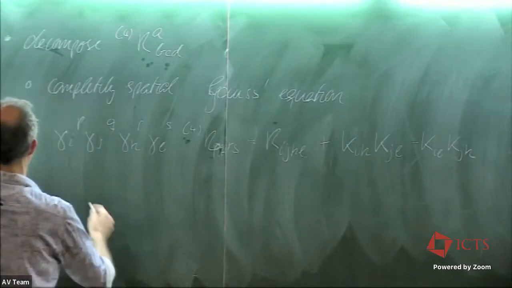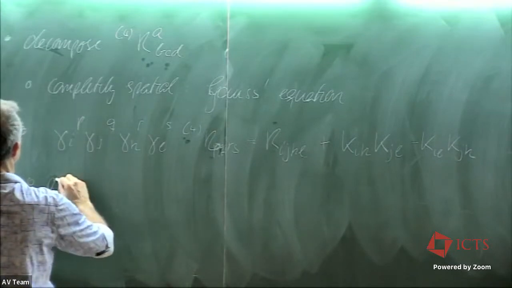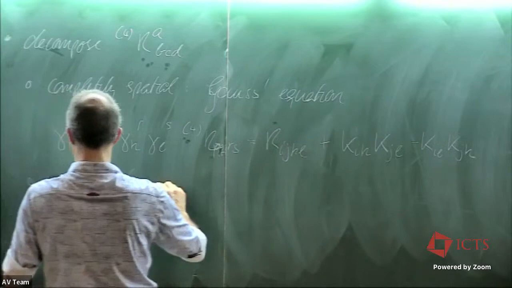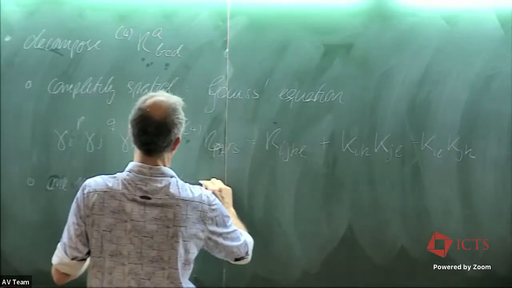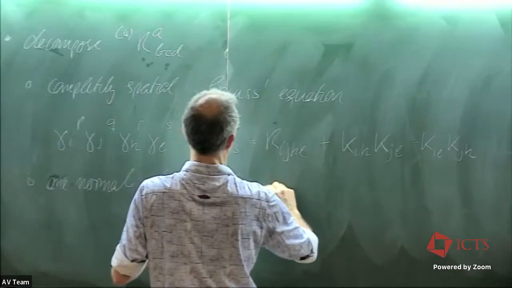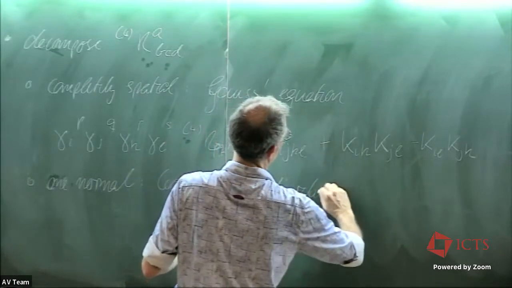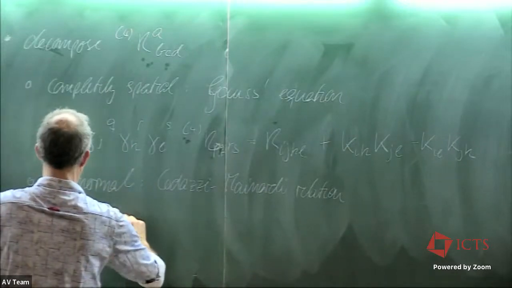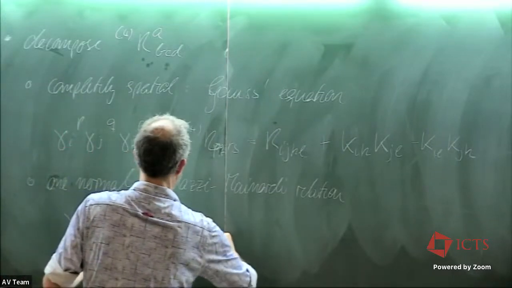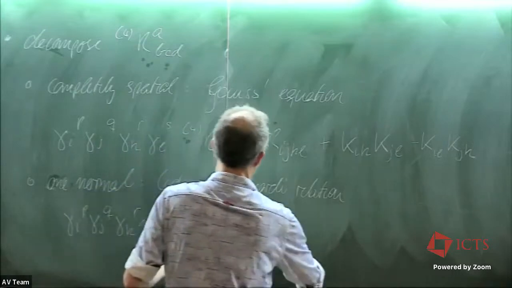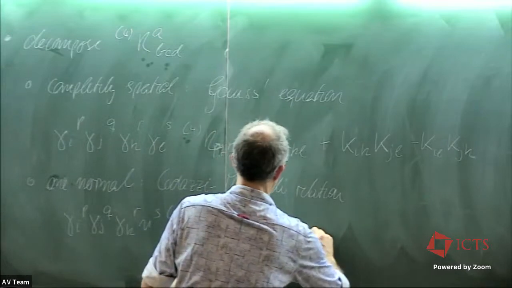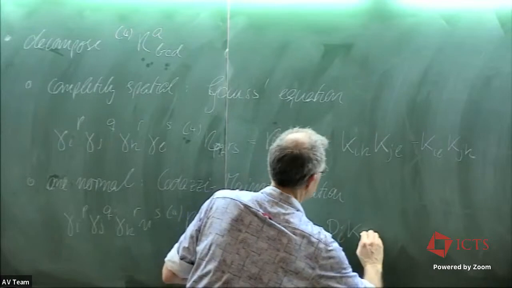Then the next possibility is one normal projection. That gives me the so-called Codazzi-Mainardi relation: gamma IP, gamma JQ, gamma KR, and n S times R PQRS equals spatial derivatives of K IK minus D I K JK.